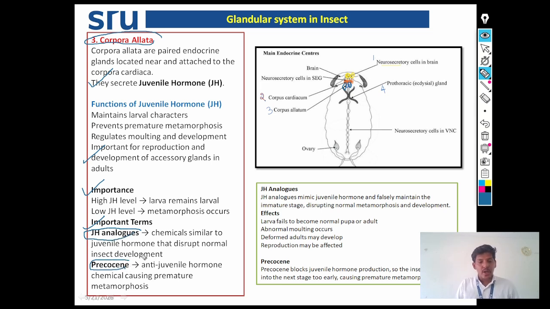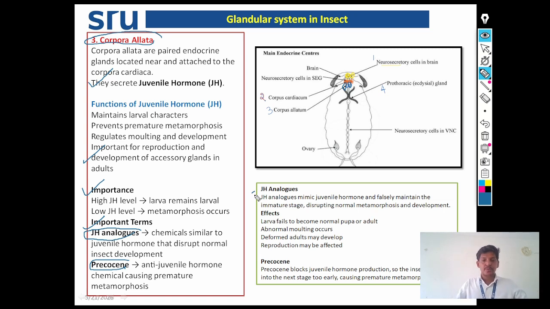Juvenile hormone analogs are chemicals similar to juvenile hormone that disrupt normal insect development. See here in clarity, juvenile hormone analogs mimic juvenile hormone and falsely maintain the immature stage, in that way disturbing normal metamorphosis and development in insects.